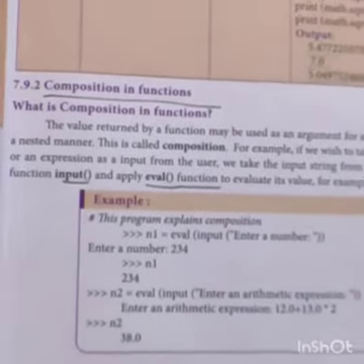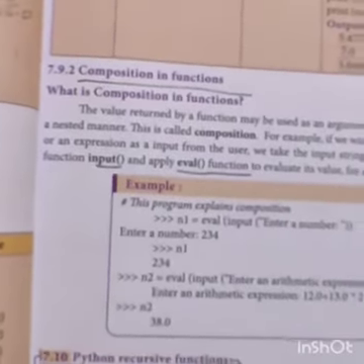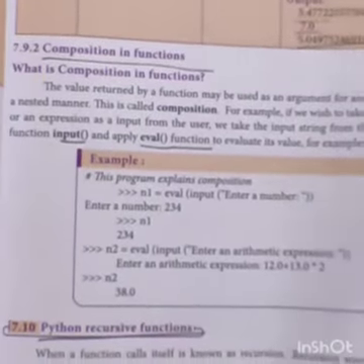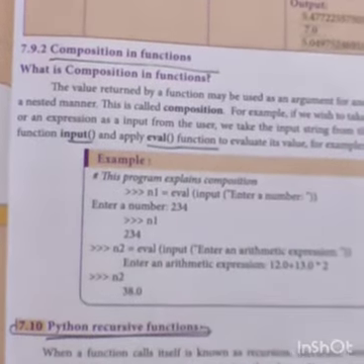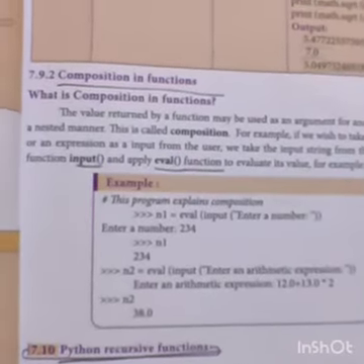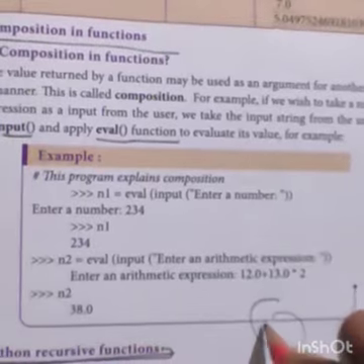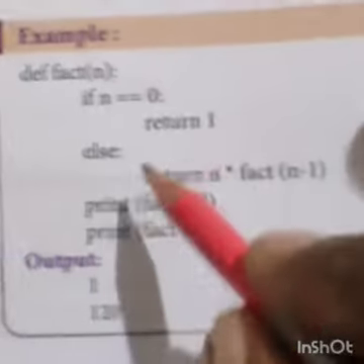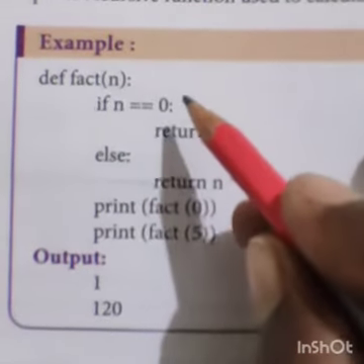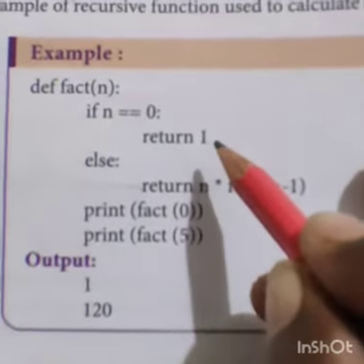Okay, Python recursive function. What is it? A function calling itself; recursion is there. Recursion is like loops, where you repeatedly do the work one more time. So an example program is there. See here, a def fact function. If n is equal to 0, return 1.